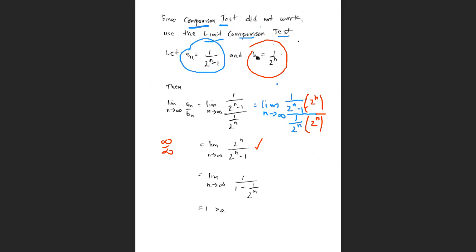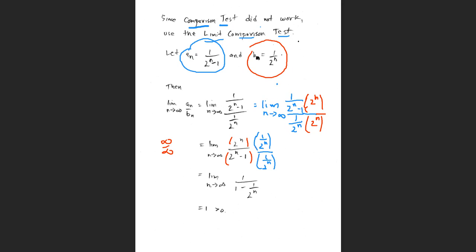But instead of doing L'Hopital's rule, which would involve us needing to find derivatives of the numerator and denominator, we could multiply numerator and denominator by 1 over 2 to the nth power.